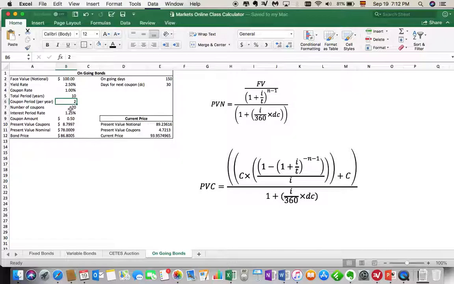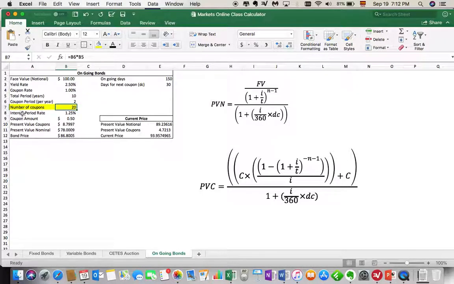Now, I'm going to start highlighting the cells that have calculations or formulas in them, okay? Number of coupons is just a multiplication of coupons per year and years. Pretty simple.